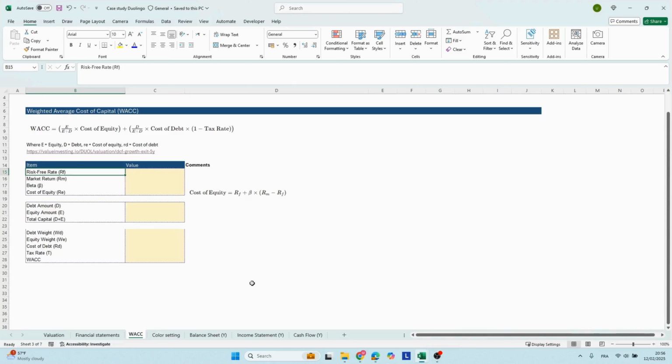Now let's calculate the weighted average cost of capital. This is the formula. We put it here to make it easier for us to track our calculation.